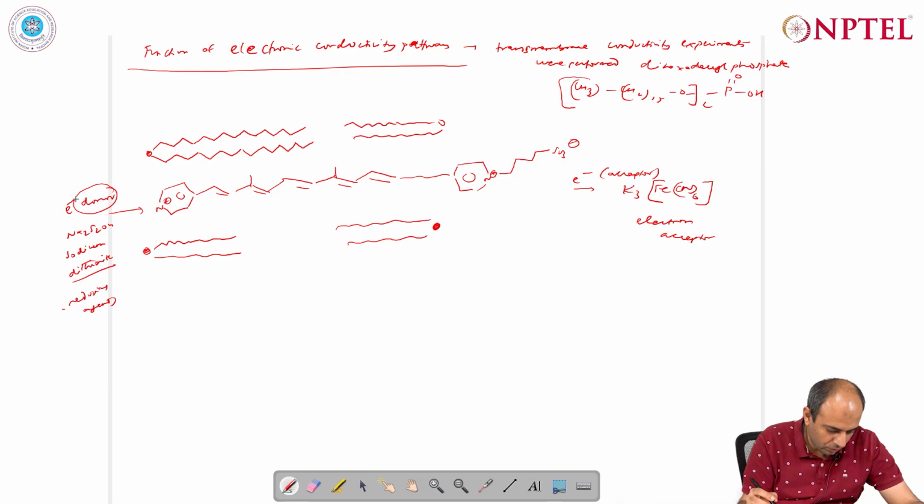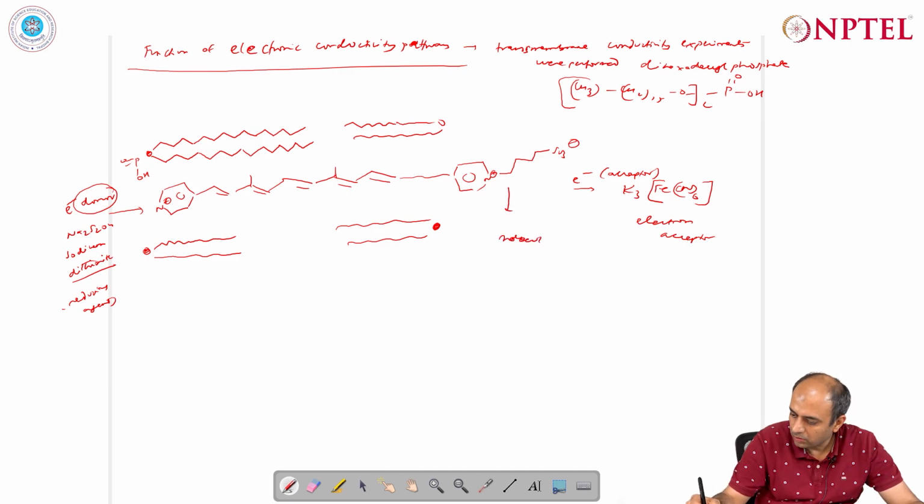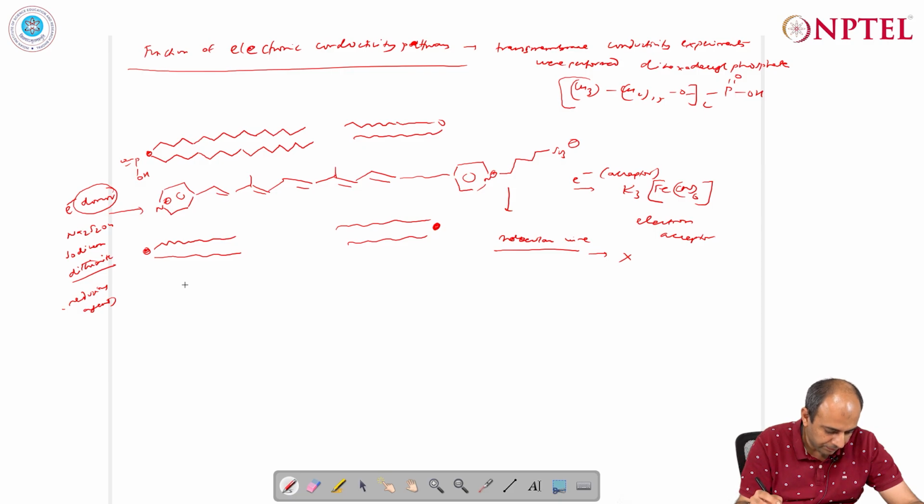It is to be kept in mind that we are performing this experiment in the presence of the zwitterion. If we do not have the zwitterion, and we only have this particular molecular wire, then there is no enhancement in the electrical conductivity.